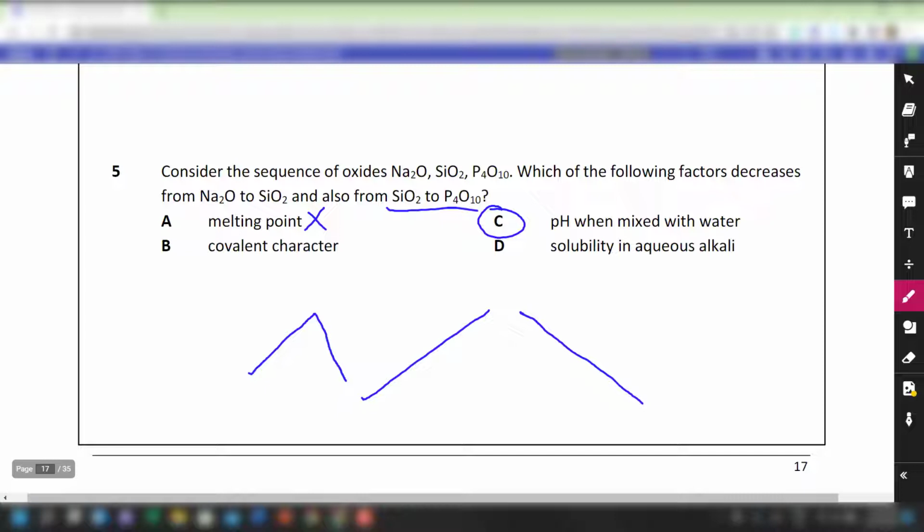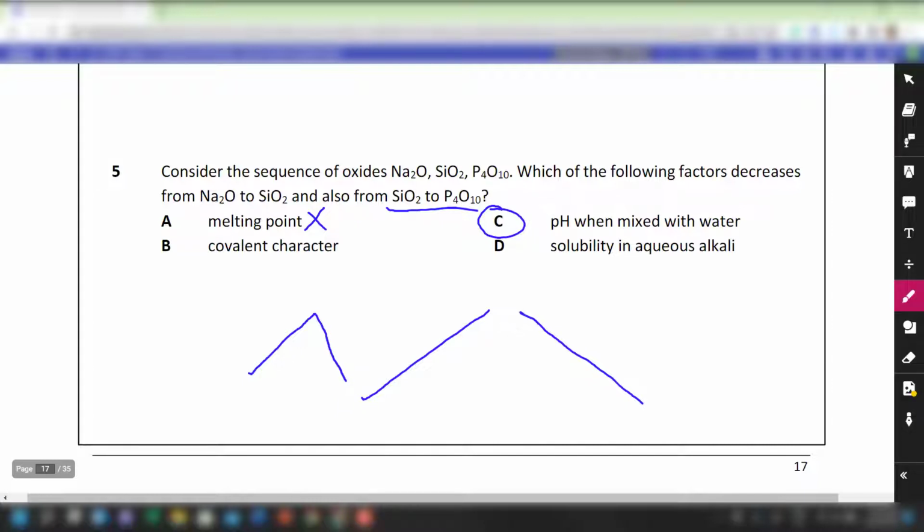But we'll look at option D as well. Solubility in aqueous alkali. For sodium oxide, is it soluble in aqueous alkali? Yes, because aqueous alkali contains water, which can allow sodium oxide to dissolve. Not dissolve in that sense, but O2- can hydrolyze as well, because O2- and H2O will react to give you OH- in aqueous medium.